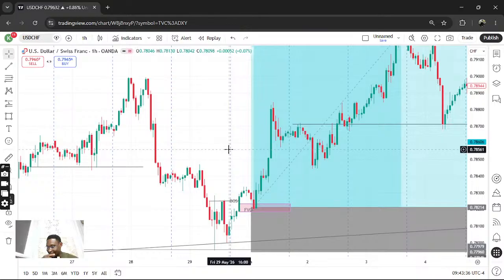Now, if you look at this particular point, when this market is going down, this point is a support zone. Okay? At this point, it was resistance. Now it will turn to a support zone. Let me draw it.